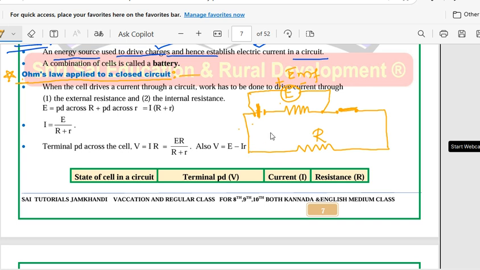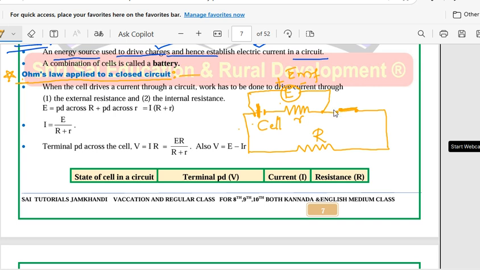So when the key is open, no current is drawn from the cell. This is the cell, and this is a small resistance, that is r. So consider a cell of EMF E and internal resistance, that is small r, connected to an external resistance, that is capital R, through a key as shown in the figure.